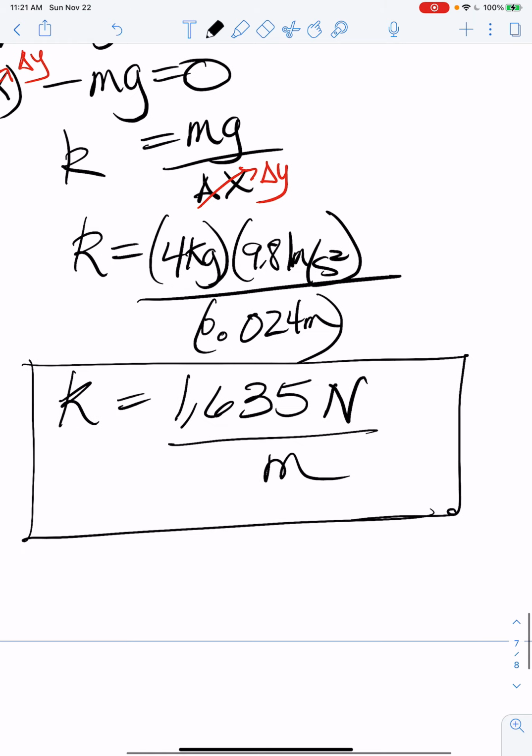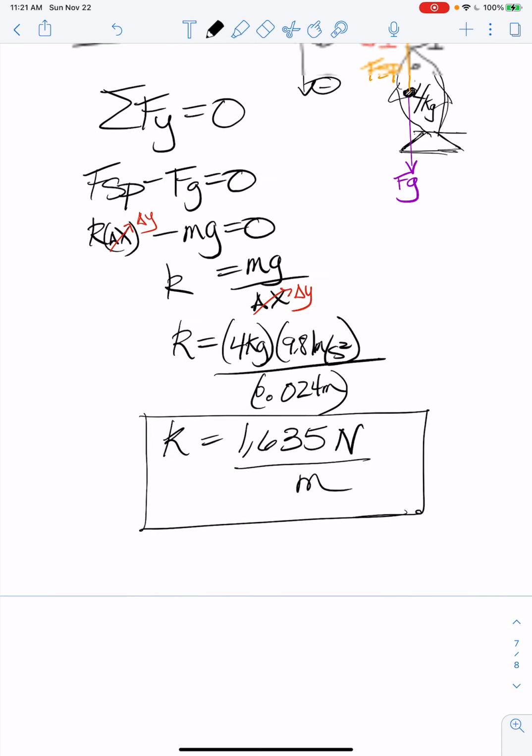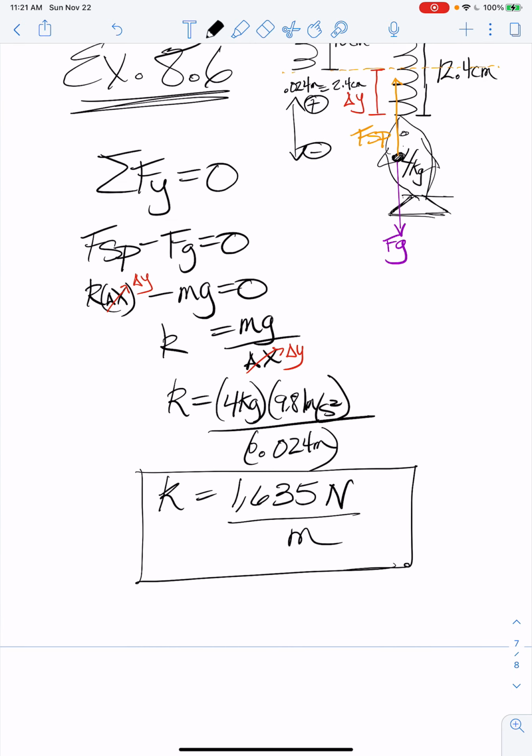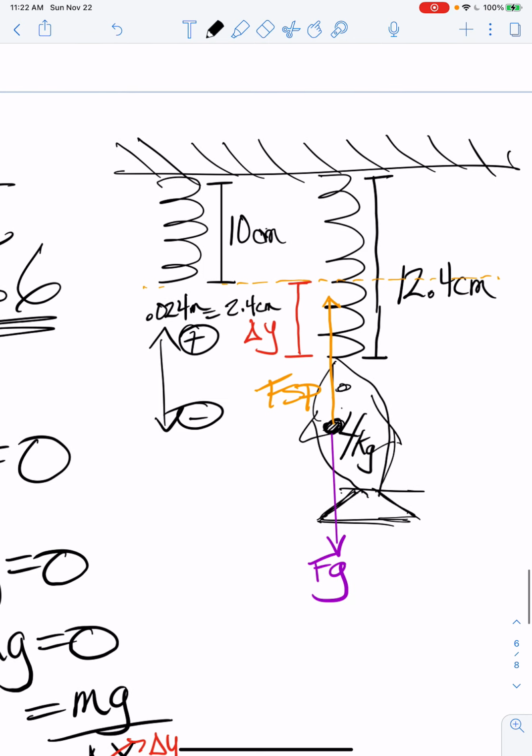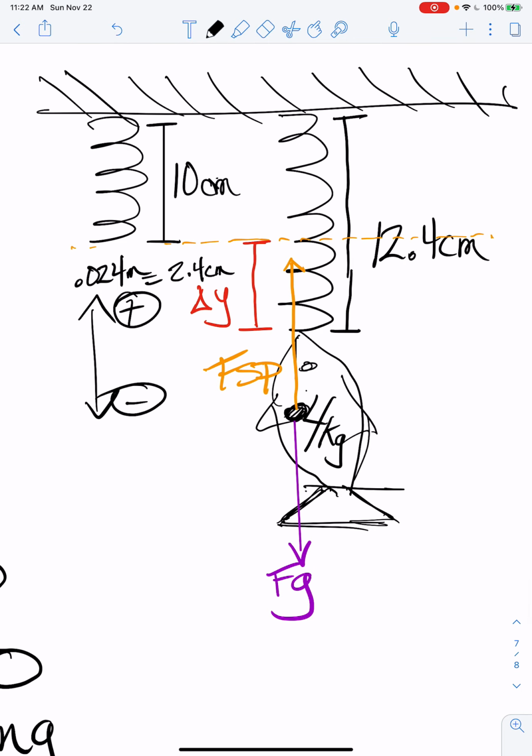In part B, they ask us, if an 8 kilogram fish is suspended from the spring, what will the length of the spring be? We can answer this conceptually and mathematically. We're going to take the same spring, which has this k value. It doesn't change based on whatever fish you put on there.